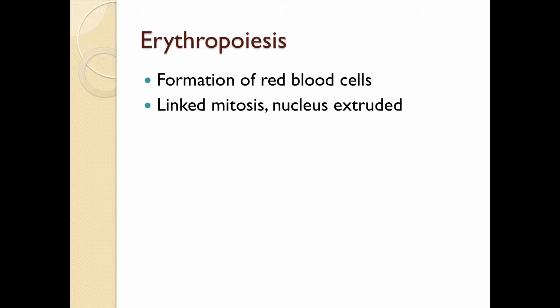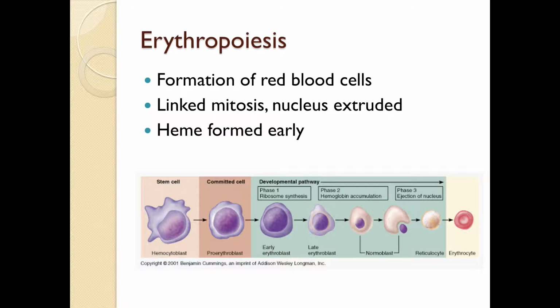So the formation of red blood cells is called erythropoiesis. And in this process, we're just looking at a form of linked mitosis, where the stem cells, they go through these various iterations, so they're still splitting, but every time they do that, they look a little bit less and less like the original parent cell.